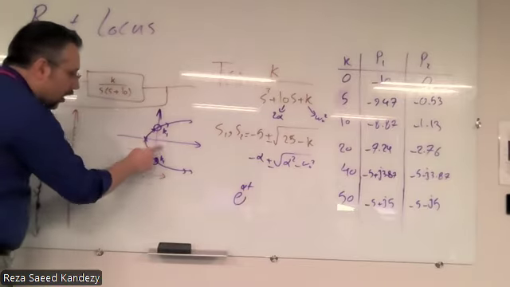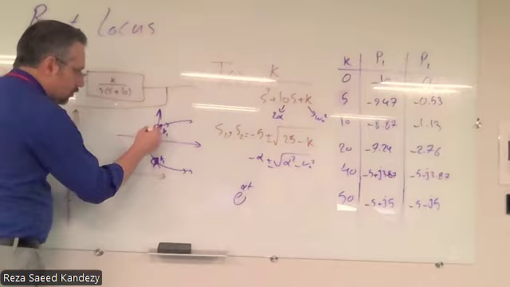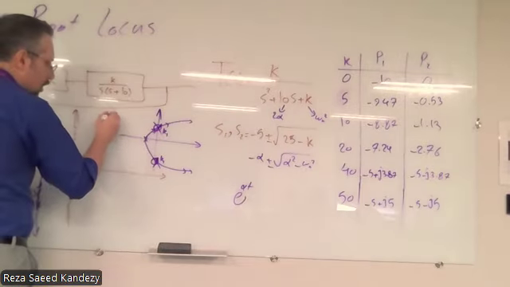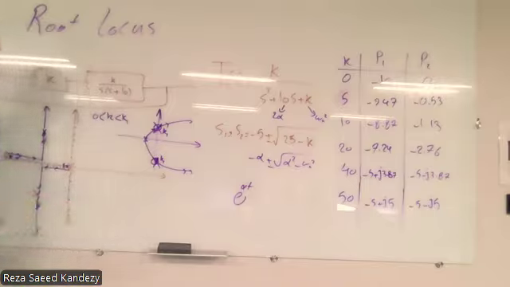And at k1, we have two non-zero poles on the imaginary axis, meaning at that k1, we have a marginally stable system. But for k's between 0 and k1, we have a stable system.